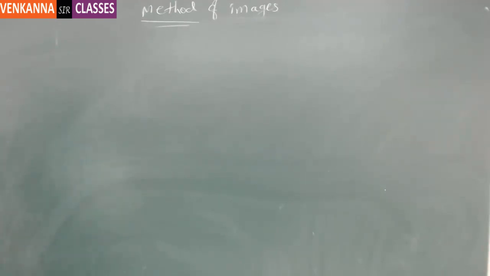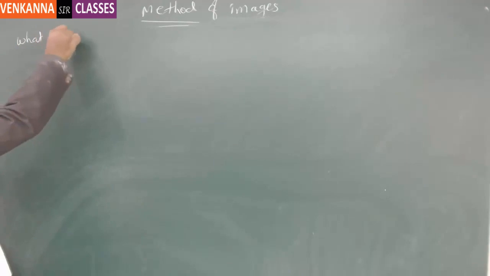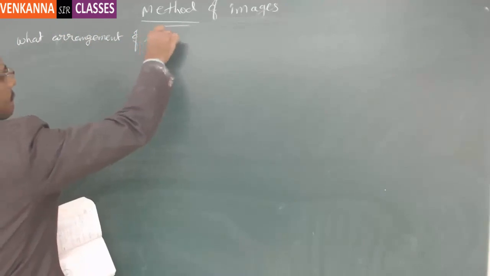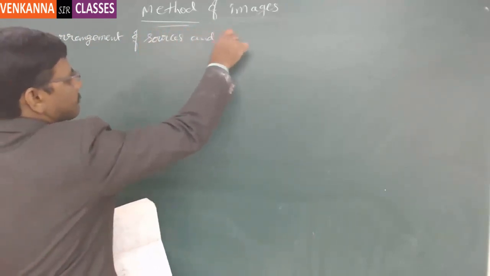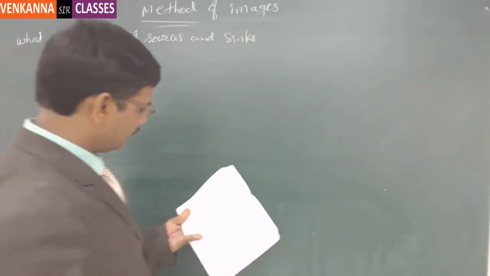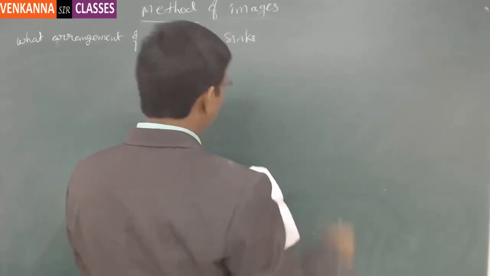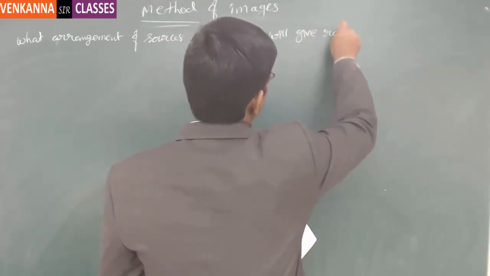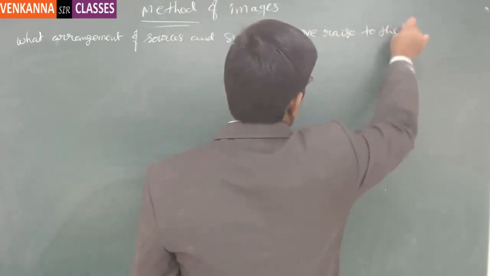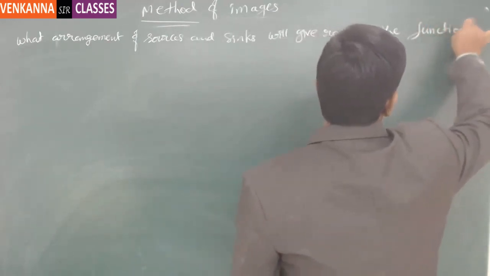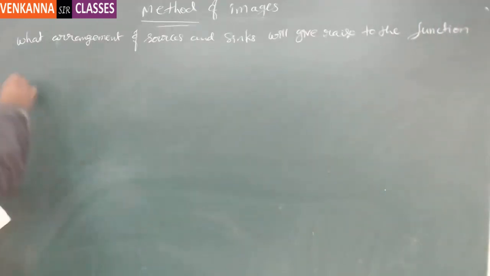Note down one problem. What arrangement of sources and sinks will give rise to the function W equal to f of z?